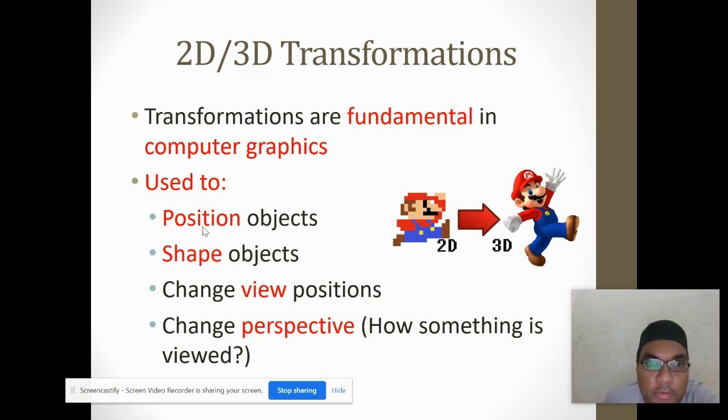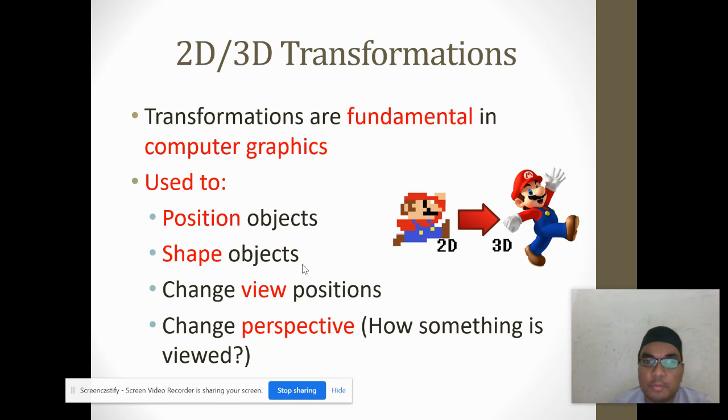The first thing is positioning the objects, maybe you want to move the object from point A to point B. Another one is shaping the objects. For example, you want to make an object bigger, or change the object from big to small. This involves shaping of the objects.